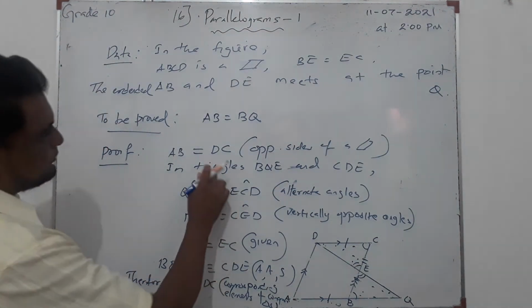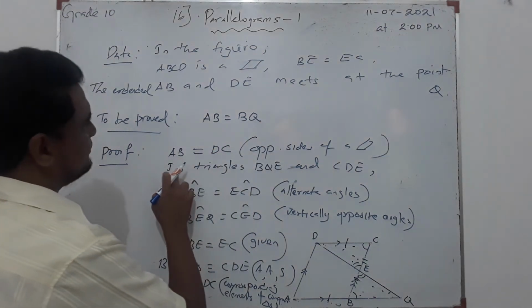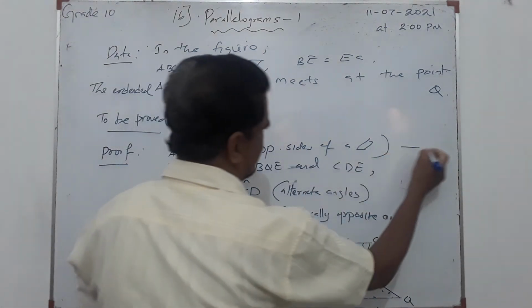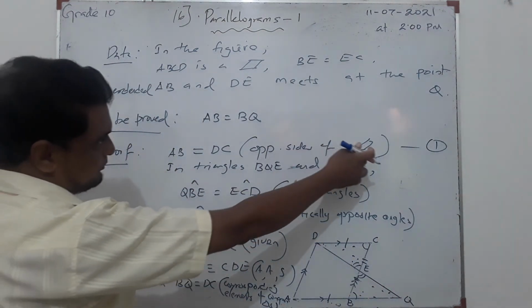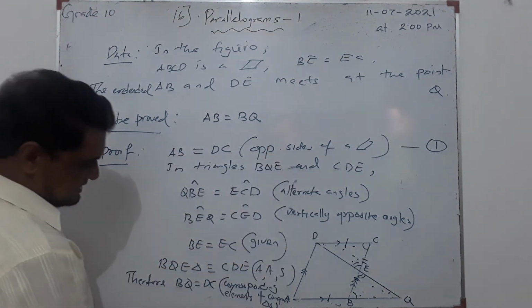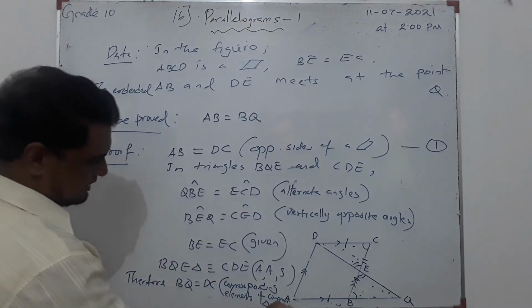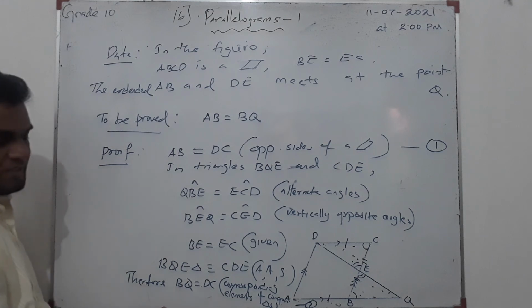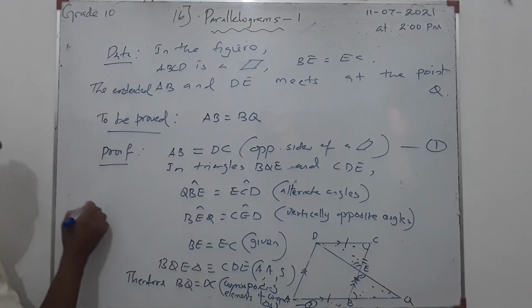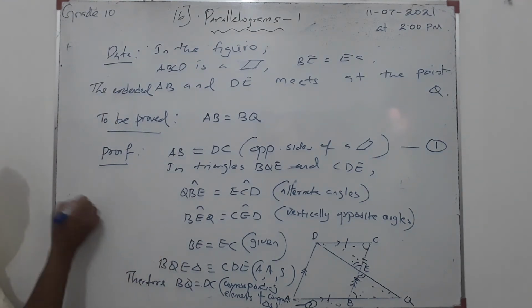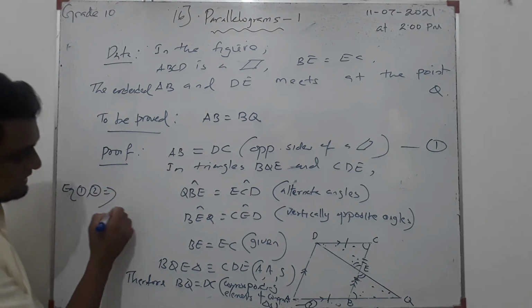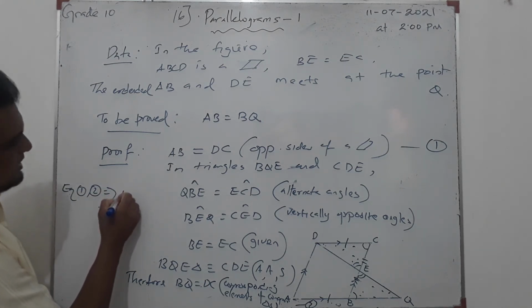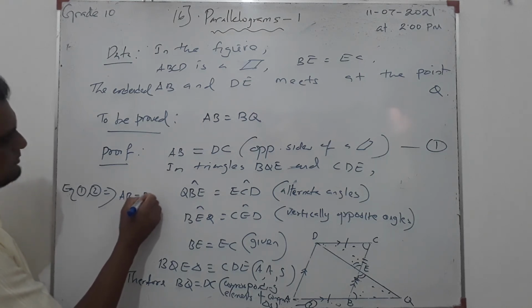Finally, now we have proven AB is equal to DC. That is equation 1. Firstly, we have proven AB is equal to DC. Secondly, we have proven BQ is equal to DC. Equations 1 and 2 imply we can come to the conclusion that AB is equal to BQ.